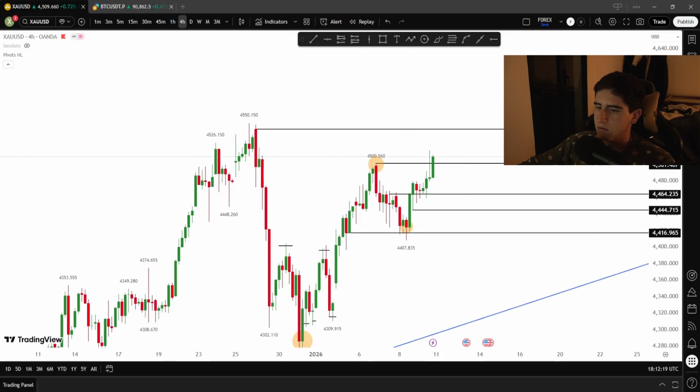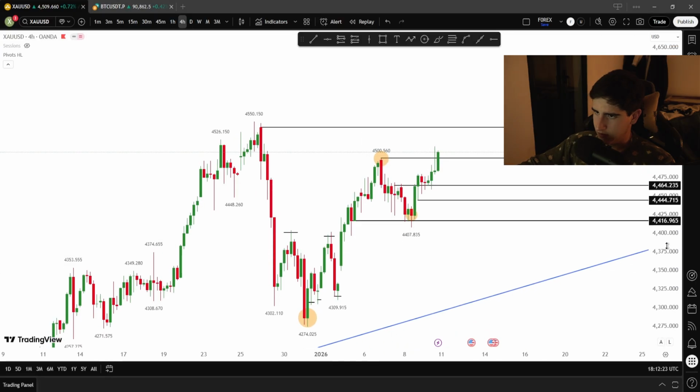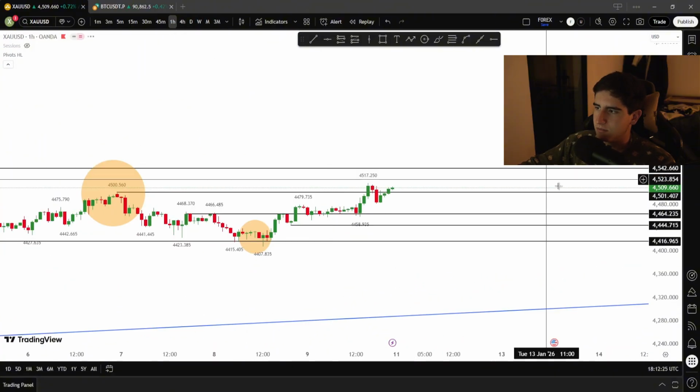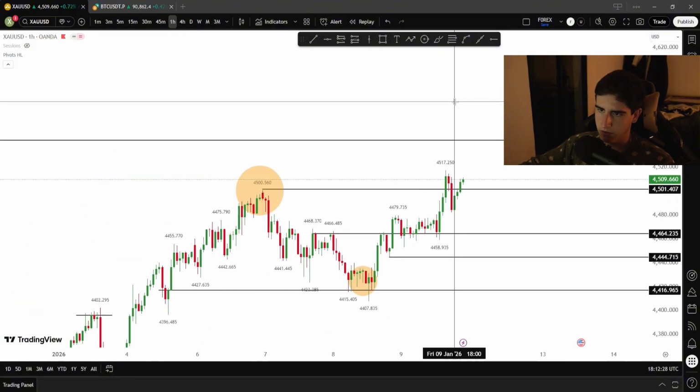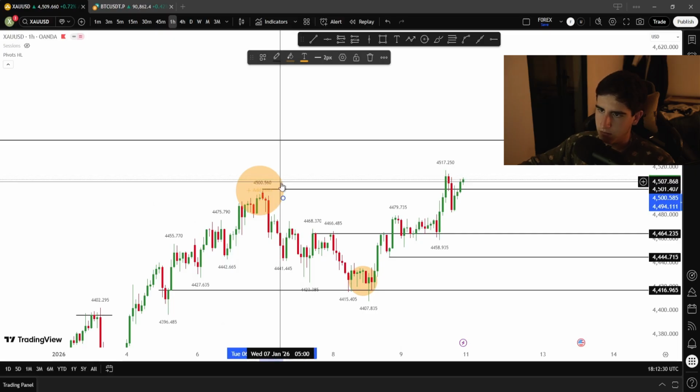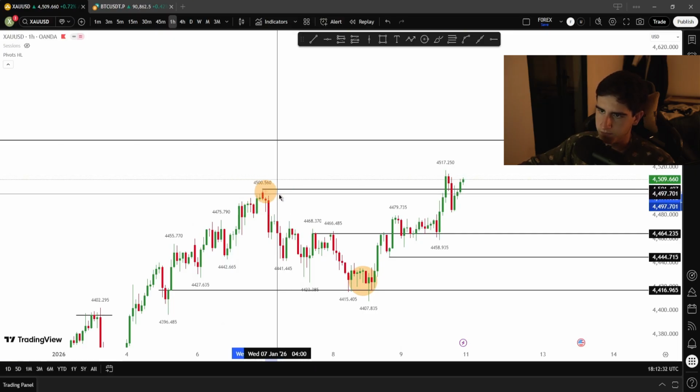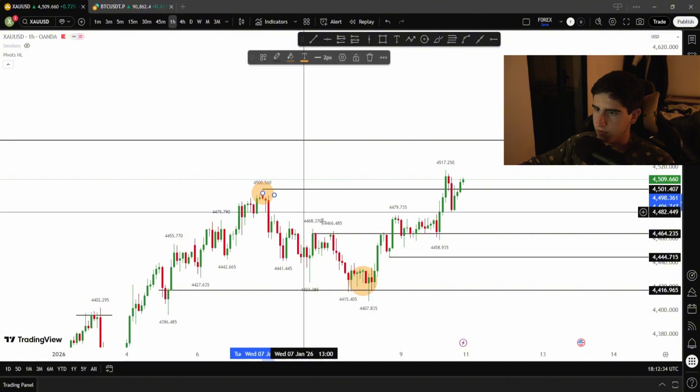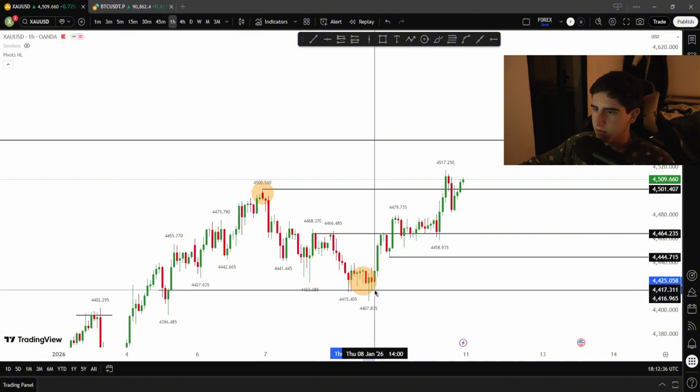To explain more about how we mark up charts, this is sellers pushing price down and buyers pushing price up. I see the market that way, and I want you guys to see it that way because it's the simplest way to see the market.